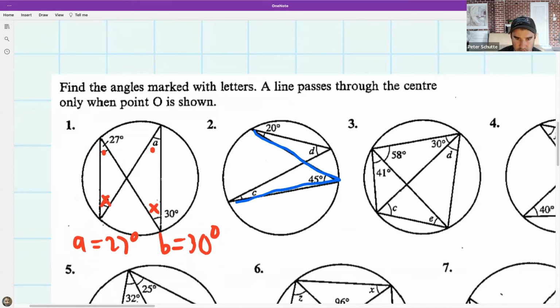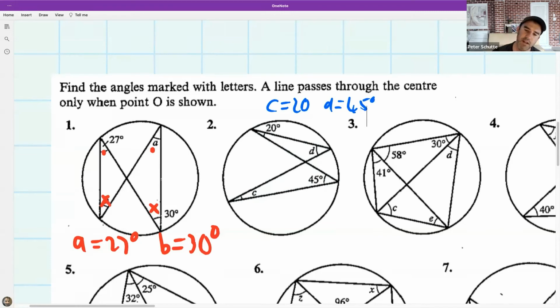I think the butterfly is there, and this one is the matching partner in the bow tie of that one. So C is 20 and D is 45 is what most students seem to be saying, and you're quite correct. And this relationship does hold up.